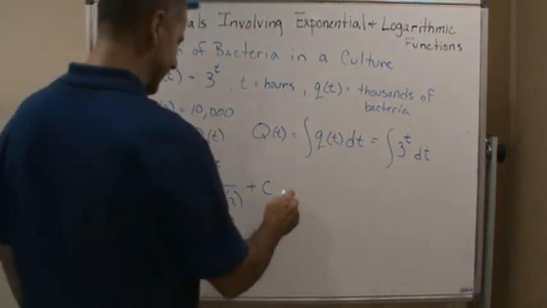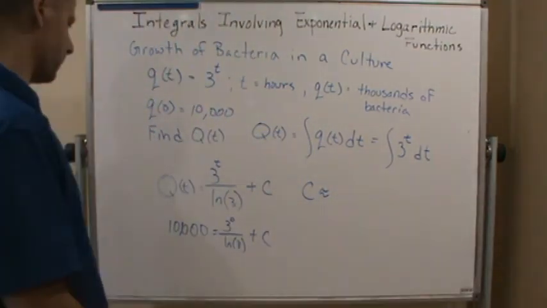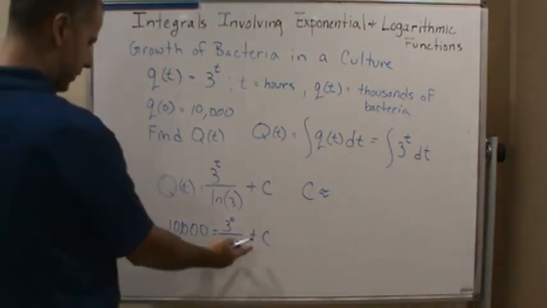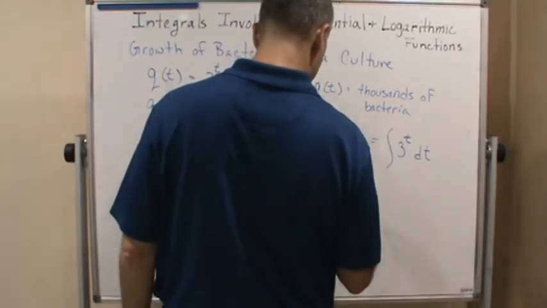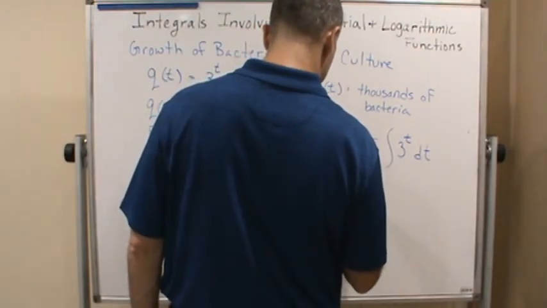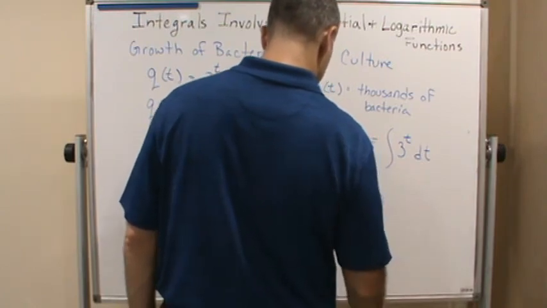And so what does C equal? If we just solve for C, you're going to subtract both sides, and C is approximately equal to 9.090.